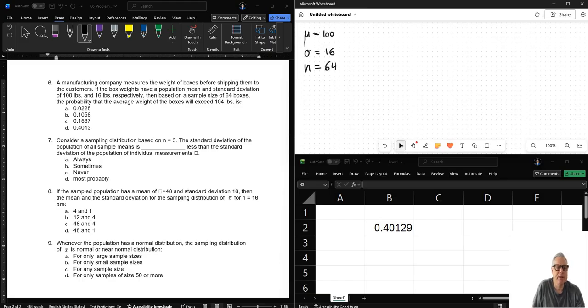The probability that the average weight of the boxes will exceed 104 is, okay, so now we have a sampling distribution. So we don't have the distribution of the population, but we have the sampling distribution. And the sampling distribution looks like this.